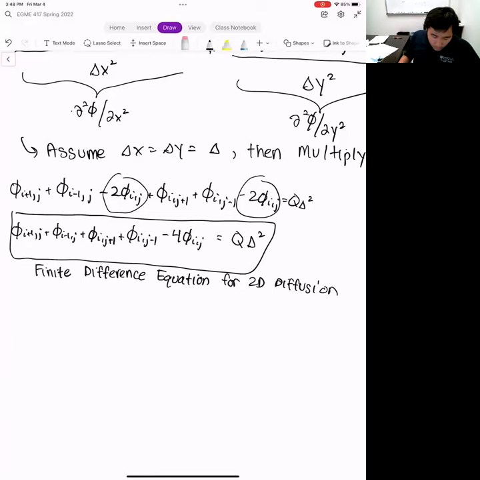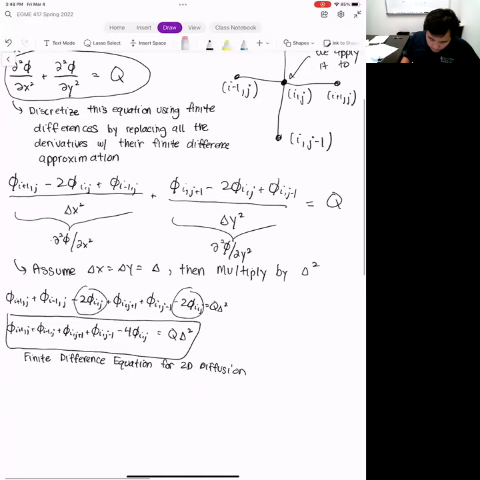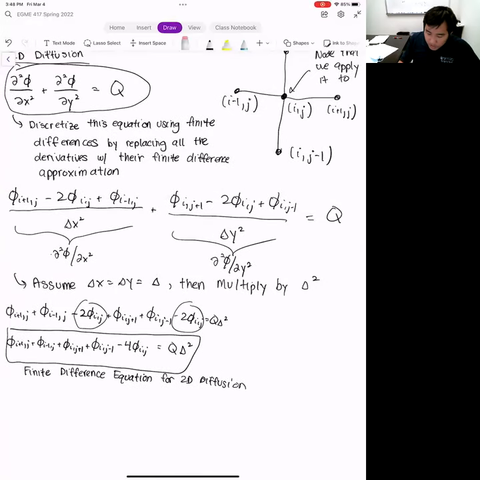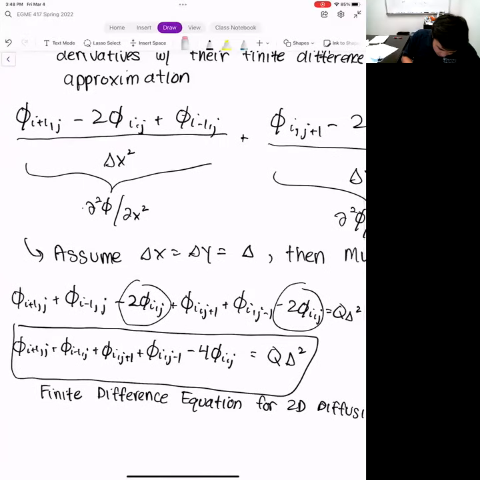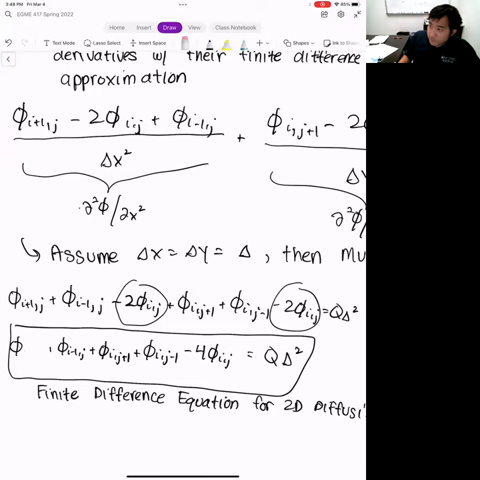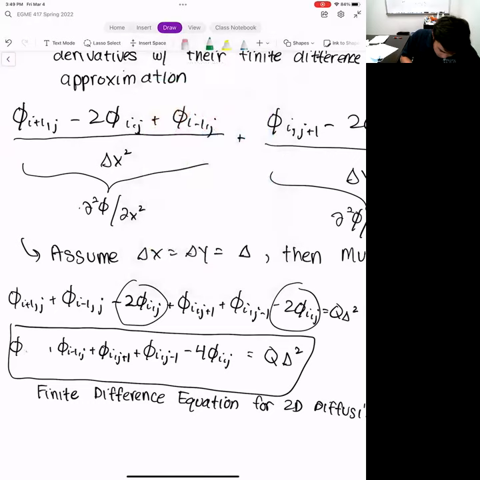Okay, so let's look at i+1,j. If we go back to our stencil up here, we can see that i+1,j is the neighbor immediately to the right. Taking that into consideration, we can replace this i+1,j and instead say that this is phi right, for the right neighbor.